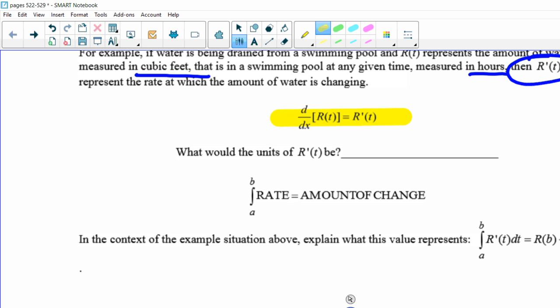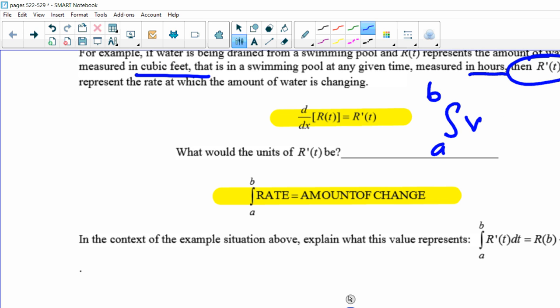If you take the integral of a rate, you get the amount of change. If I integrate velocity, what do I get? Position. So if I integrate from a to b, v of t dt, what does the fundamental theorem of calculus tell us?